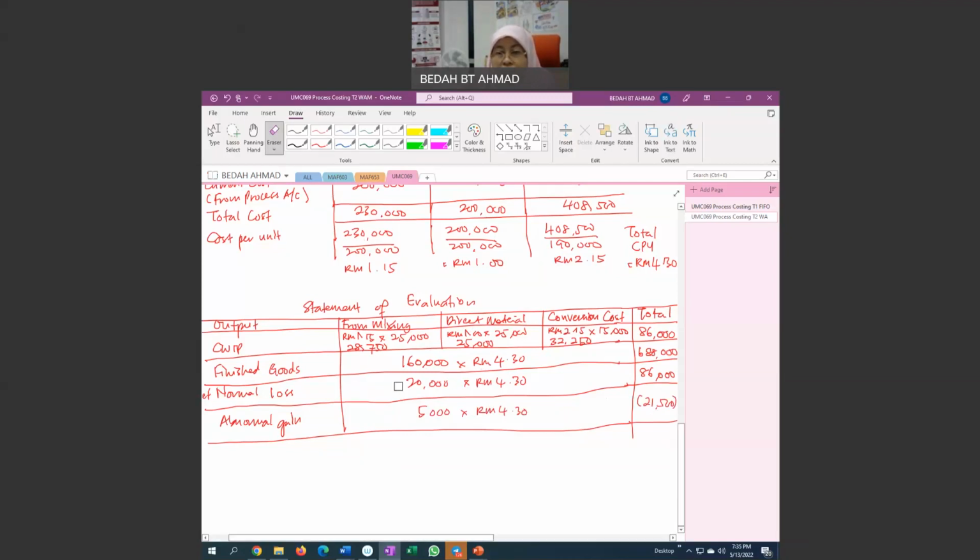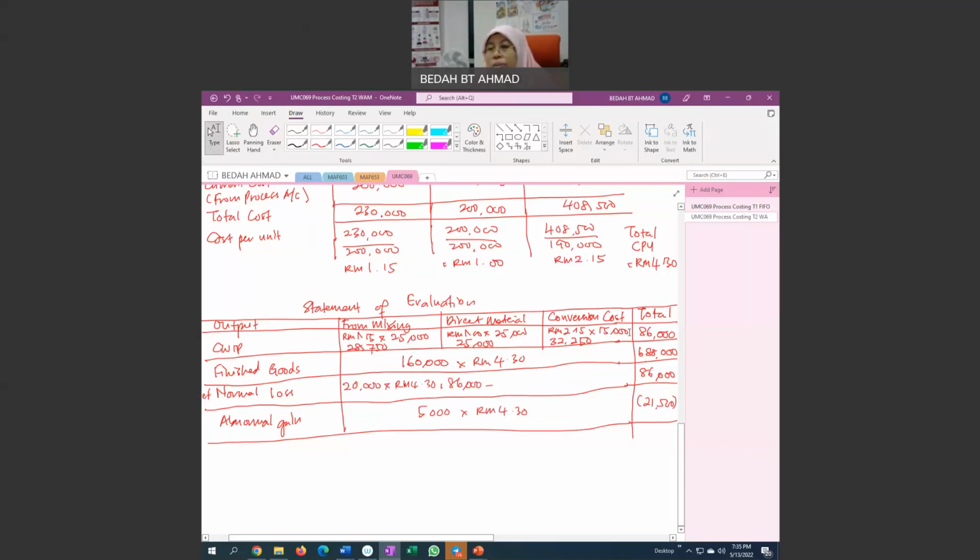Okay. For the normal loss, don't forget that it should be net normal loss. So we make corrections to this. 20,000 multiplied by RM4.3, so it is 86,000. Then you need to minus the scrap value.